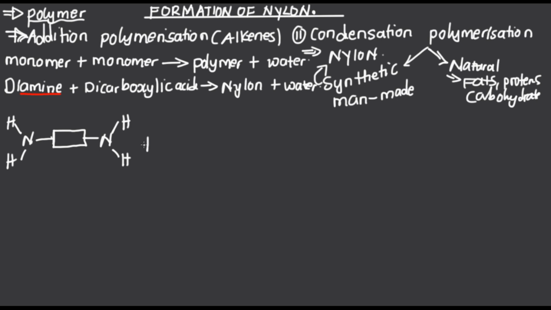We move on to the dicarboxylic acid. I'm going to do the same and draw a box, and I'm going to shade it. In some papers, you may find one box shaded and the other unshaded. The difference is that each box represents a number of carbon atoms.